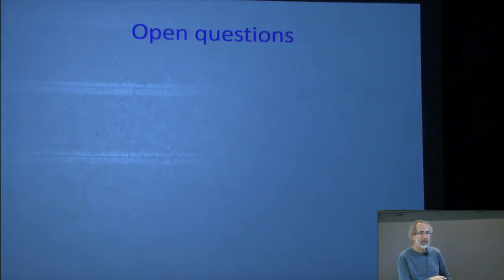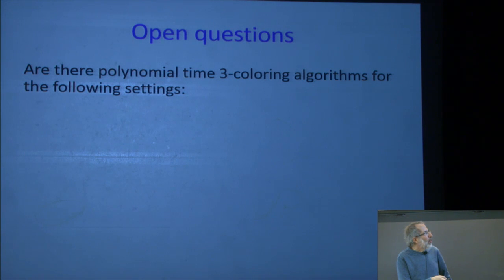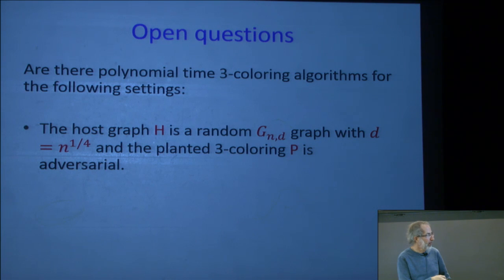So let's go to the open questions. The two questions that I find currently most interesting are the following. The first is what happens when the host graph is a random G(n,d) graph, but with d too small for our NP-hardness to kick in, let's say n to the 1/4, and the planted 3-coloring is adversarial.